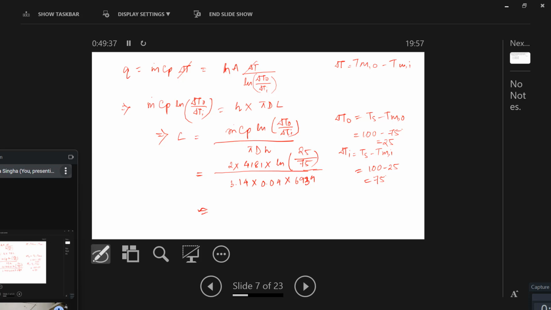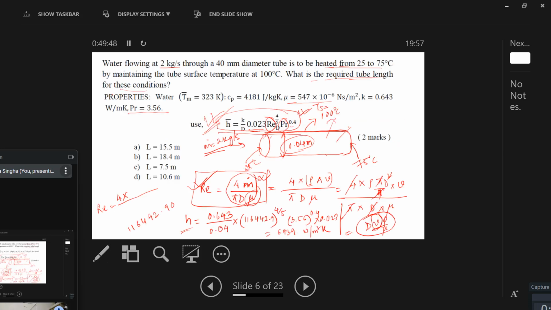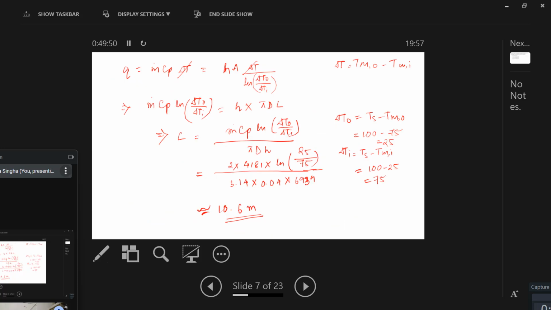We get almost 10.6 meter. So this is the length of the tube. Just by equating the formulas of the heat rate, we can find out the length of the tube.